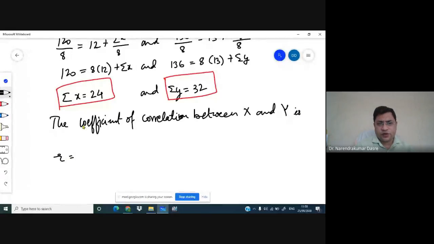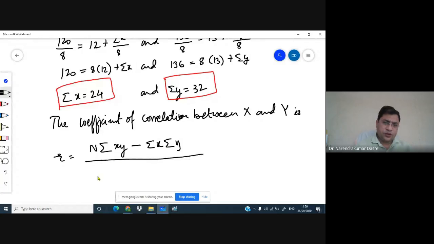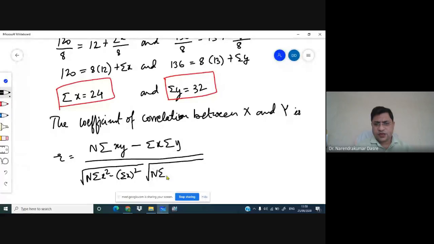This is the assumed mean method, so we have to be careful. r is equal to n times summation xy minus summation x, summation y, upon the square root of n times summation x square minus summation x whole square, and then again for y, n times summation y square minus summation y whole square.